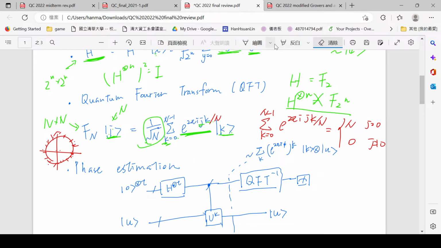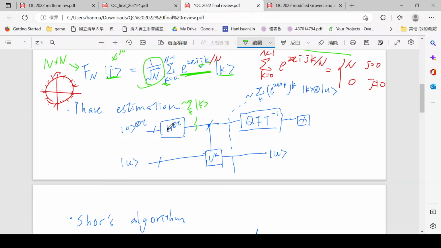But anyway, you apply Hadamard to the t here, and then at this point you will have the sum over possible k here, and we are skipping all the normalization. And then you will have u here, which is an eigenstate of the unitary you want to test.